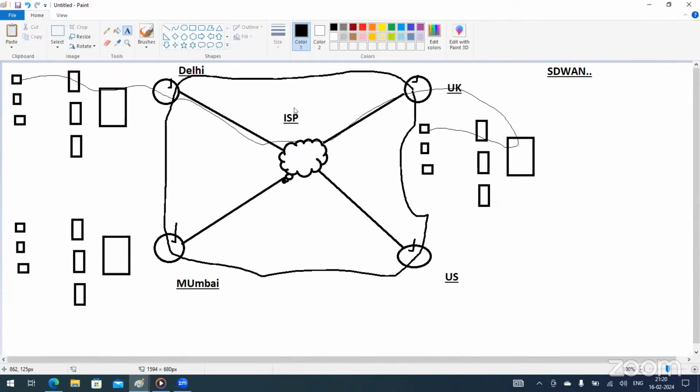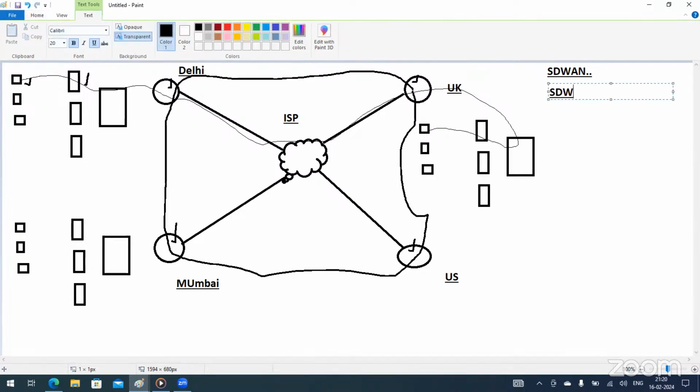Okay. Now, if we want to, let's say, automate the configuration for the LAN side of the devices, core switches, access switches, then there is a thing called SD-LAN, software defined local area network. It automates the configuration for core switches, access points, WLCs, right?